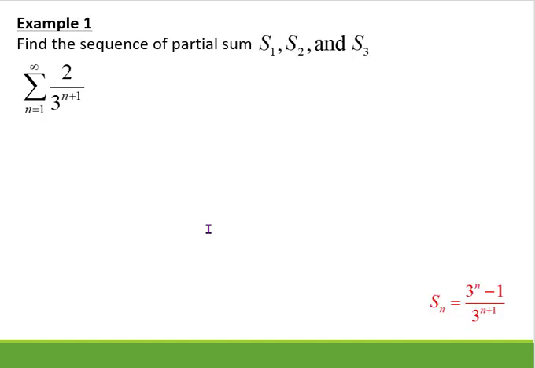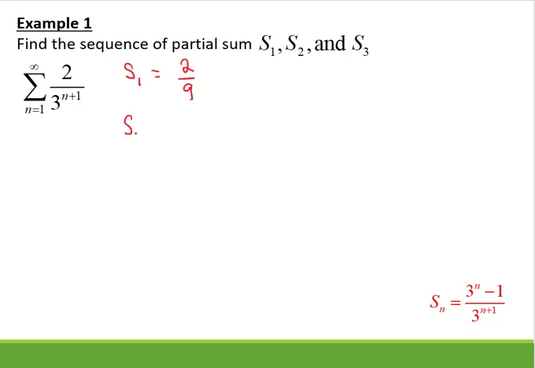Okay, so our first example here. We want to find a sequence of the partial sums. So I want to find my first partial sum. If I were to plug in 1 for n, that is 2 over 3 squared, which is 2/9.